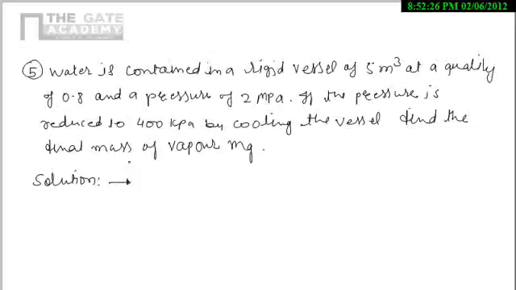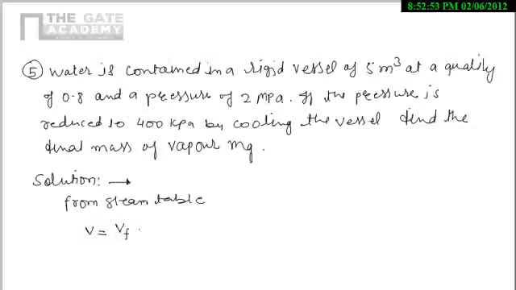So I am using the steam table. From the steam table, and generally in GATE problems, as I already mentioned in the previous question, they will give a small table or they will provide the data. So from the steam table, we can find out the specific volume of the mixture.